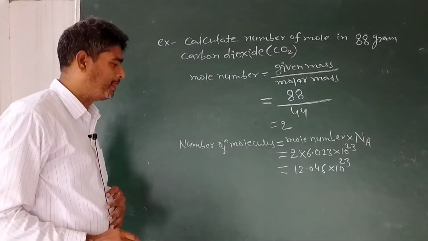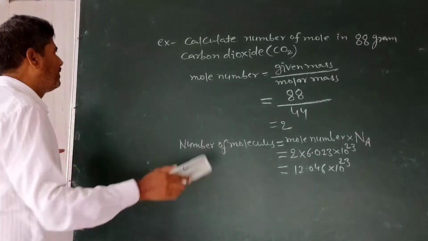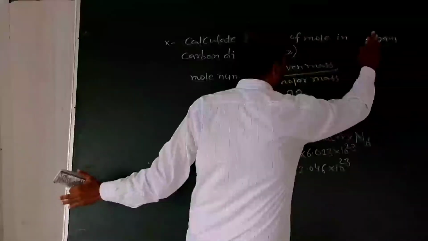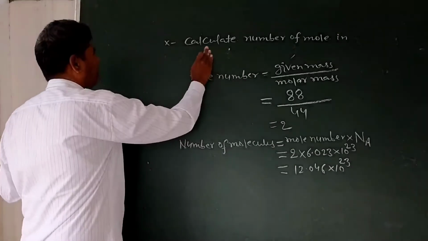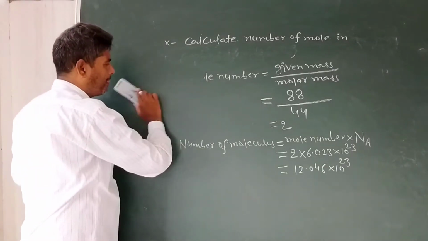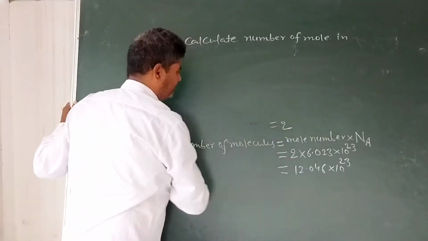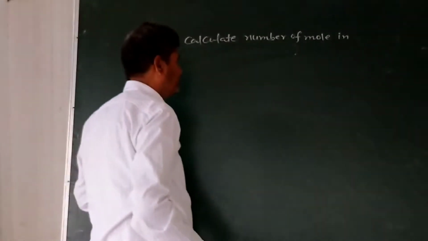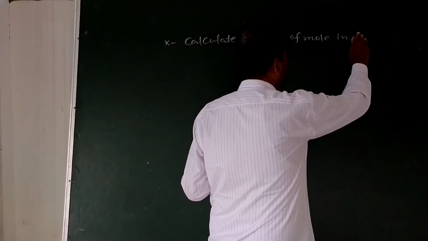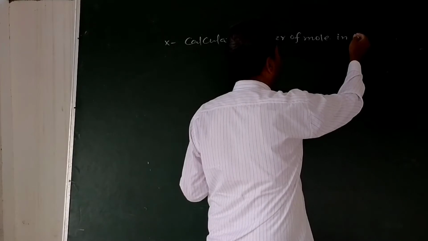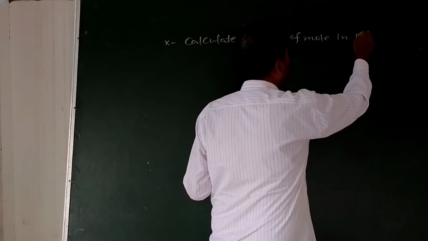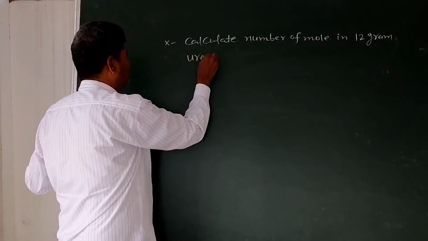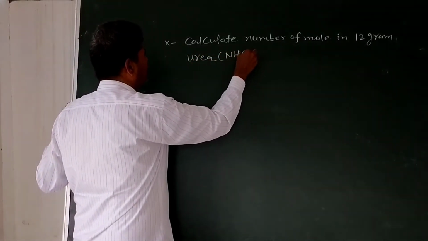One more example related to this. Calculate the number of mole in 12 gram urea, NH2CONH2.